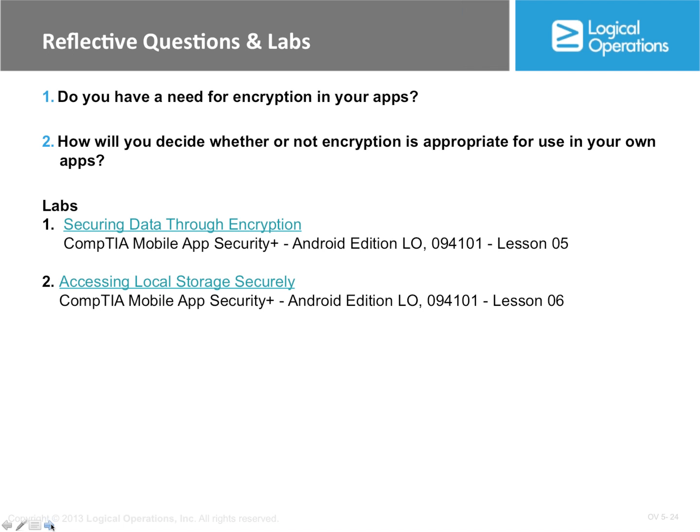Securing data through encryption is lesson 5, or module 5, and then lesson 6, or module 6, where we're going next, will be accessing data. So that will be next up on our list. We're a little ahead, but I guess ahead is better than behind.